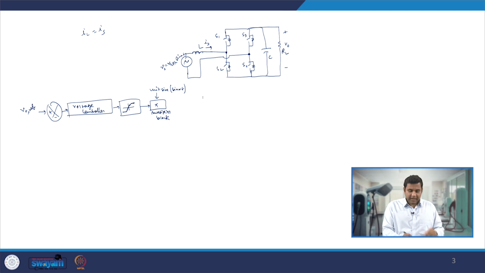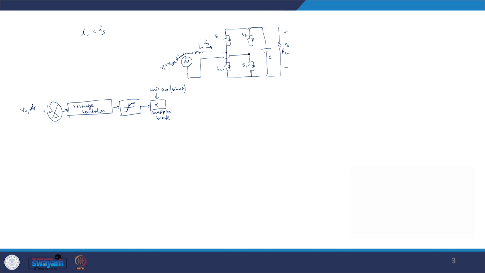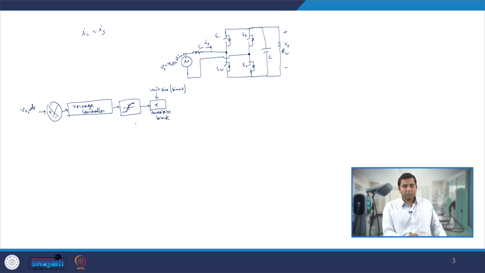Here we can assume that we can just sense the grid voltage and divide it by the peak value of the voltage, and we can directly multiply it with the current reference magnitude which we are getting at the output of the voltage loop.